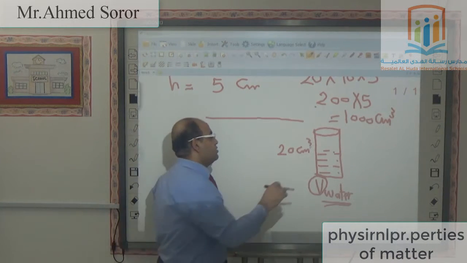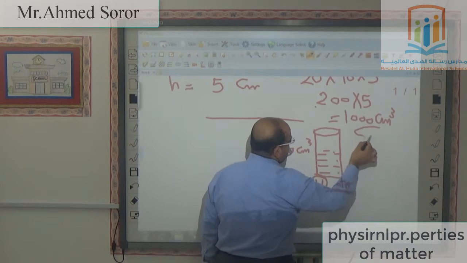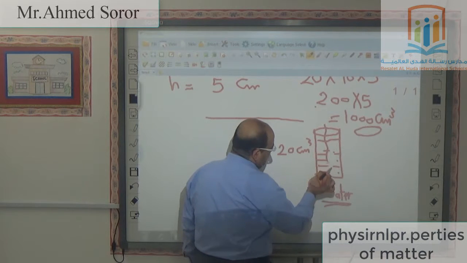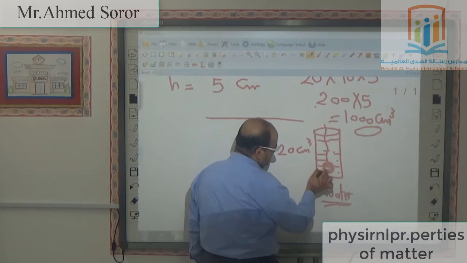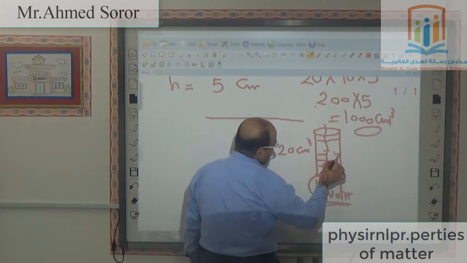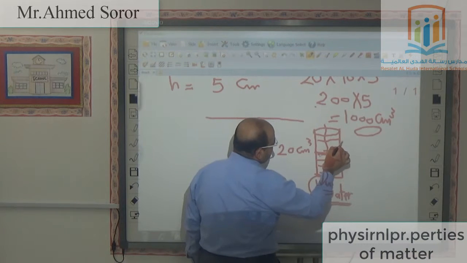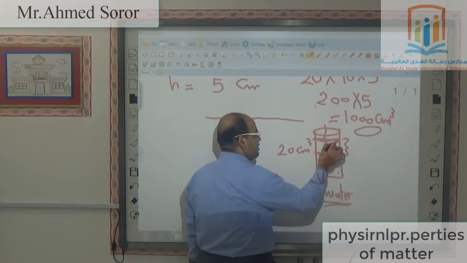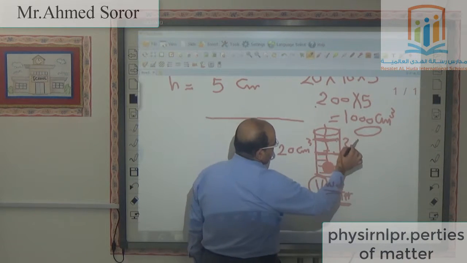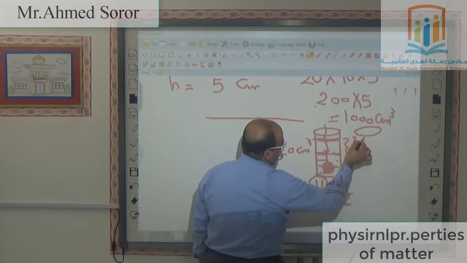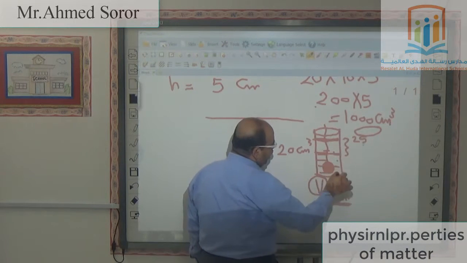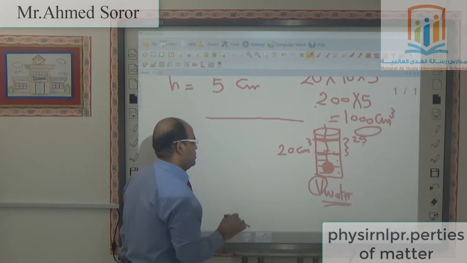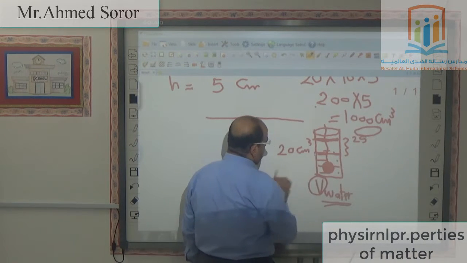When you put the stone inside the cylinder, the water rises until it arrives at this level, 25. This is the volume of stone and water.